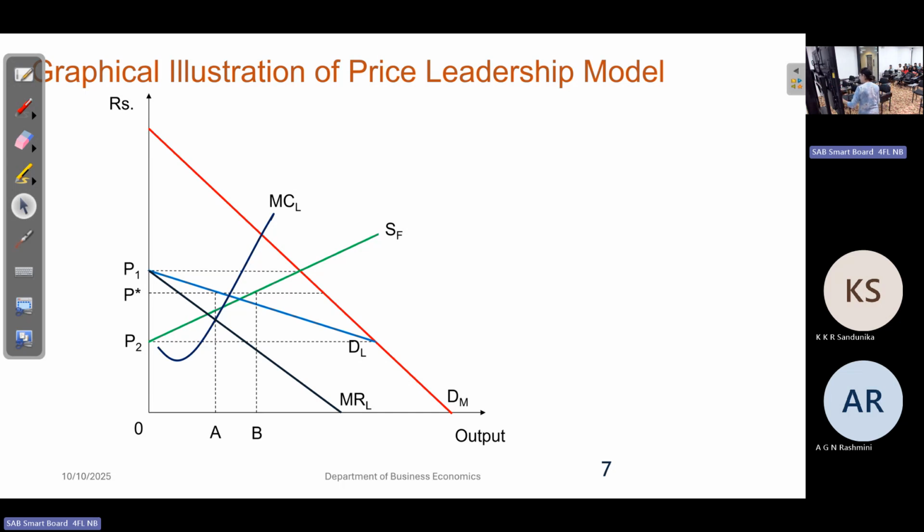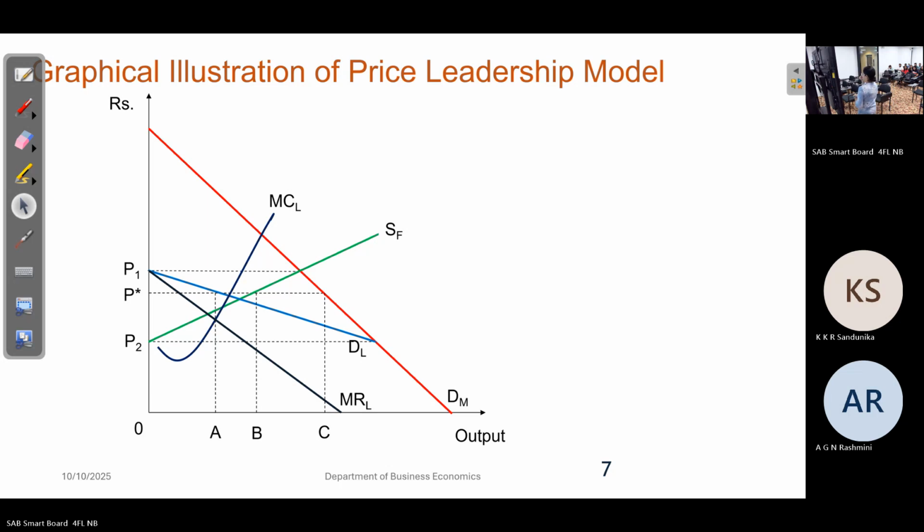However, the market demand under P star is C. So the remaining demand, from B to C, is supplied by the leader.